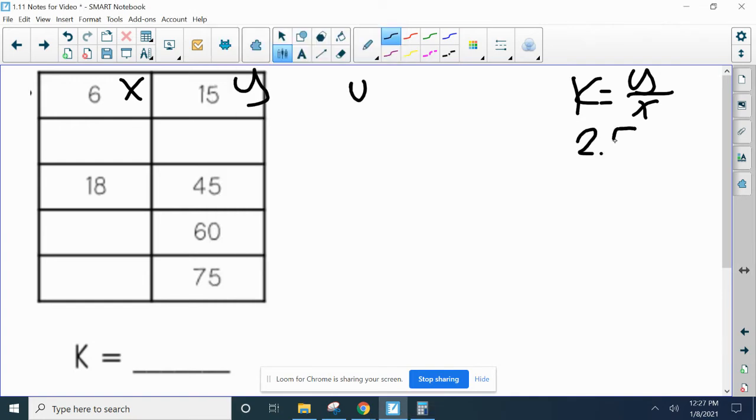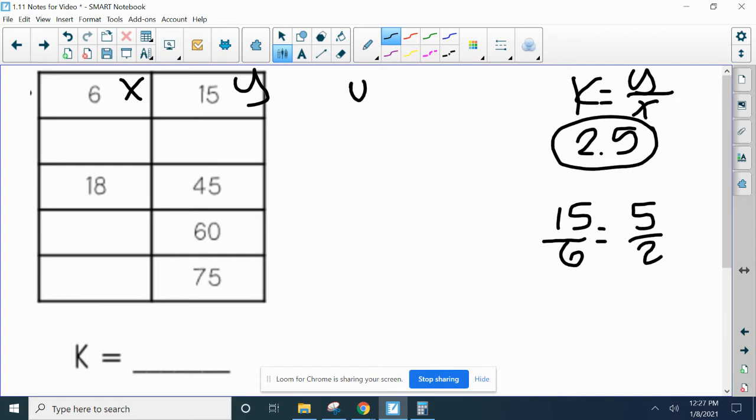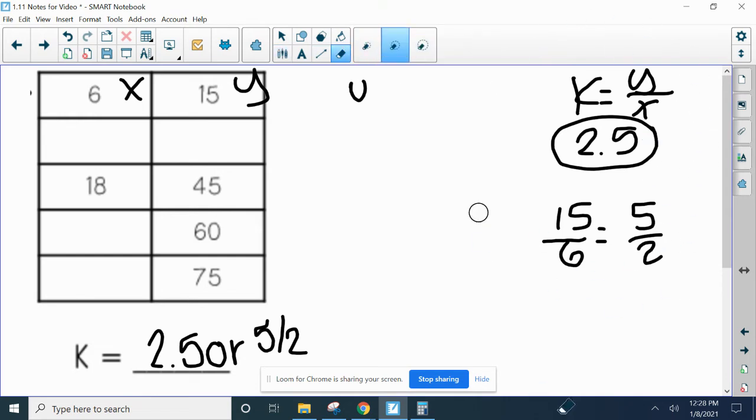So k is 2.5, and you could have left that as 15 over 6 equals 5 over 2. But I like decimals because we're going to use a calculator. So if you want to keep it as decimals, you can, but you also have to be able to recognize that that constant can also be a fraction. So our constant of proportionality is 2.5 or 5 halves, because k is equal to y over x. So we've got our k, our constant of proportionality.